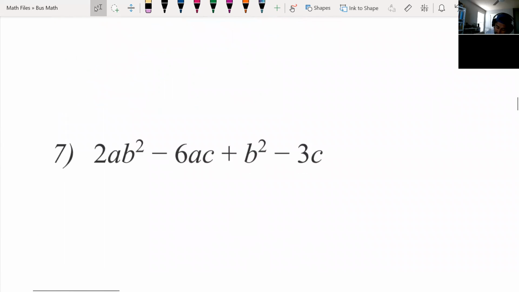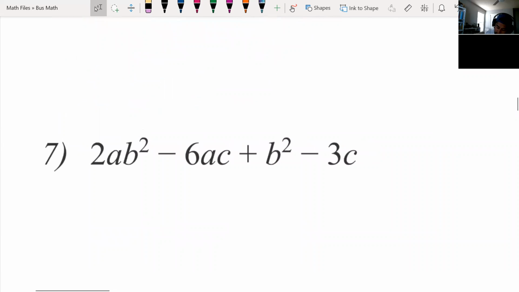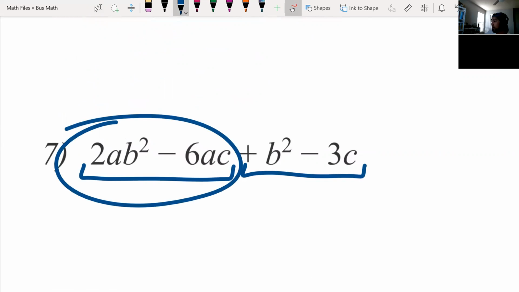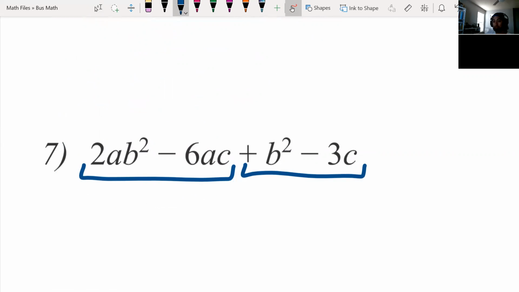Okay, again, just group, and look at the first group, 2ab squared minus 6ac. What is our greatest common factor? 2a. Good. If I factor that out, what am I left with? b squared minus 3c.